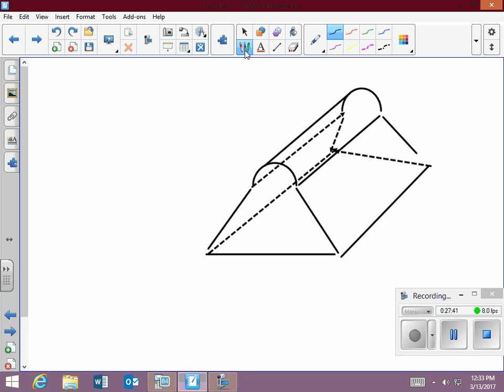Doesn't look really good. Okay, let's look at this. This is 6 inches. This thing is 2 inches between there. And these two are equal. This is equal to that. This is 5 inches.